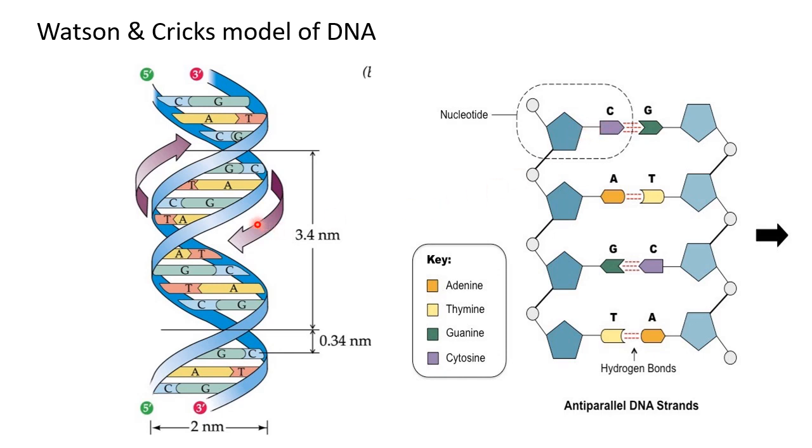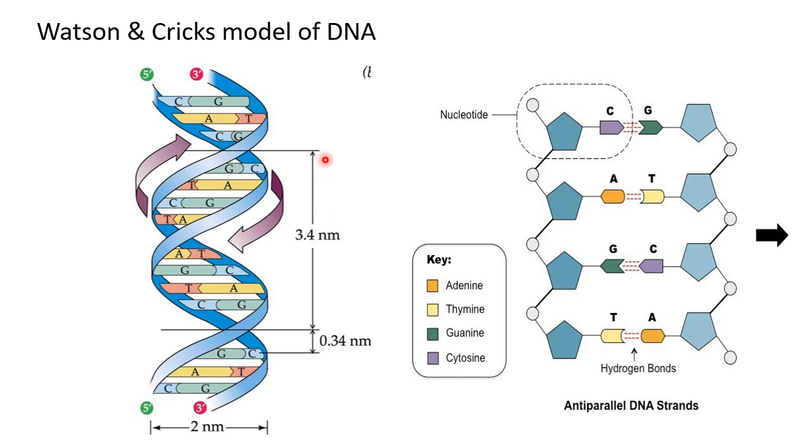Then the dimensions of DNA molecule. The diameter or the width of DNA molecule is about 2 nanometer or 20 Armstrong unit. Then the distance between two nucleotides is 0.34 nanometer, or in the conversion of Armstrong we can call it as 3.4 Armstrong unit.